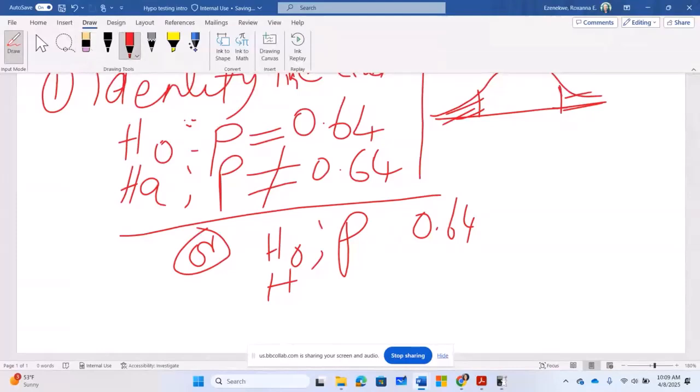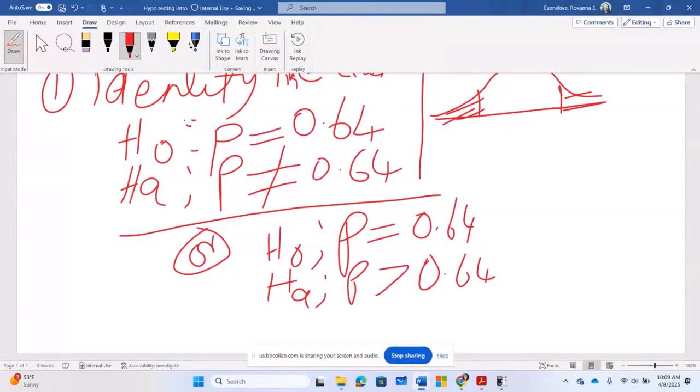I want to emphasize the part that the null hypothesis always has an equal sign. So the alternative hypothesis has to be greater than if the person claimed equal to. So I just corrected that.